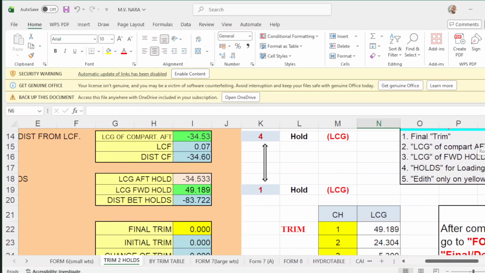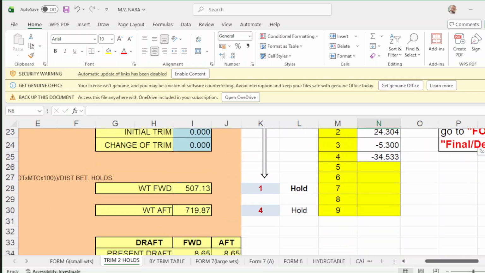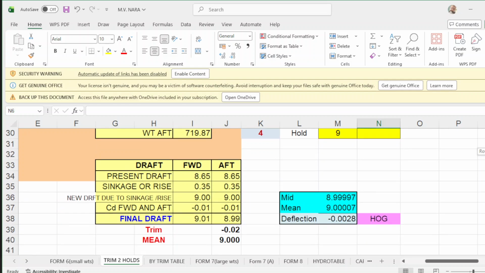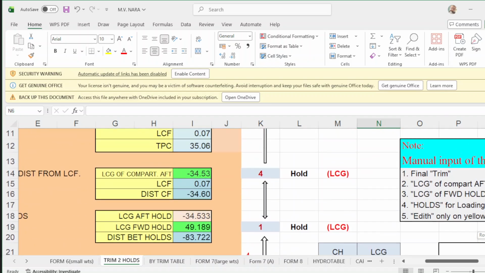What happens 520? And your trim, take note, something wrong here.